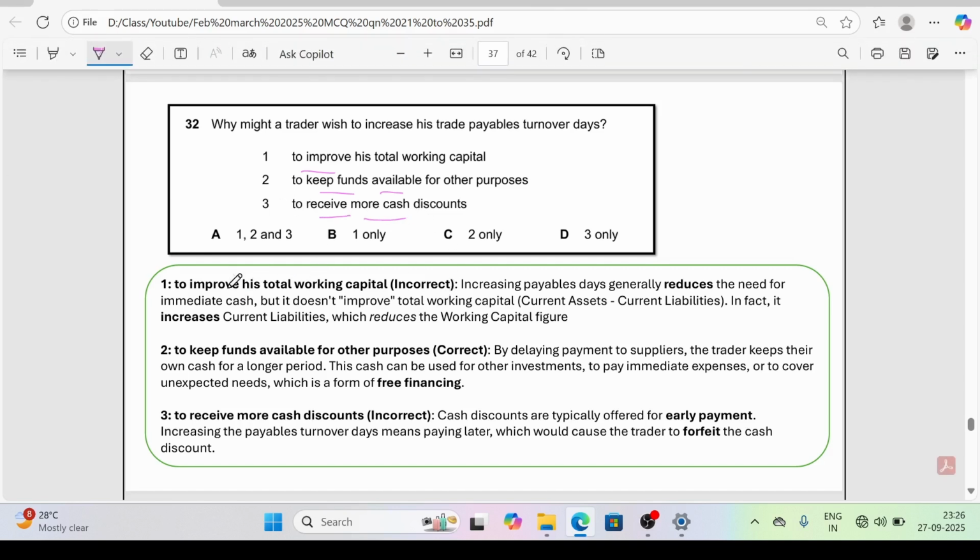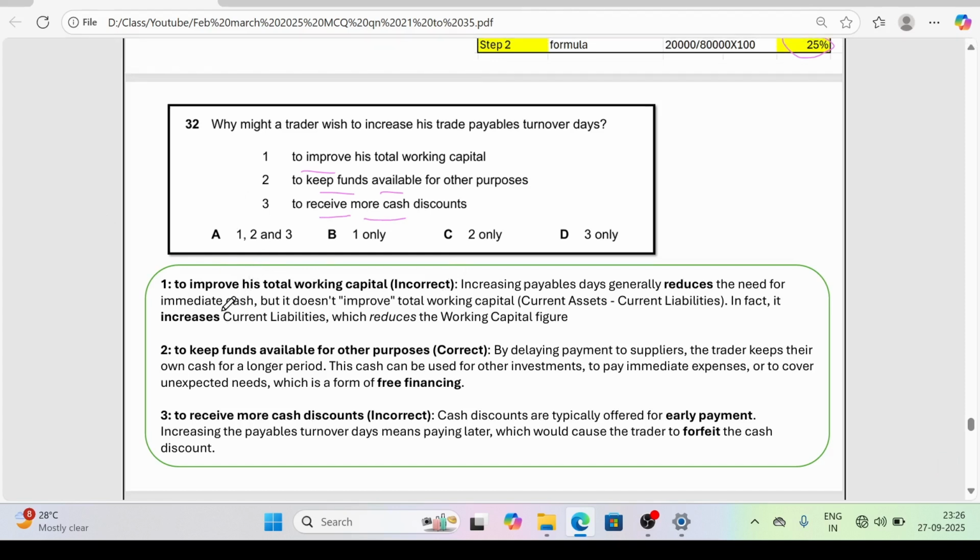Here, for each option I already made the explanation. To improve his working capital is incorrect. Reason: increasing payable days generally reduces the need for immediate cash, but it doesn't improve total working capital, because working capital is current assets minus current liabilities. In fact, it increases current liability, which reduces the working capital figure.